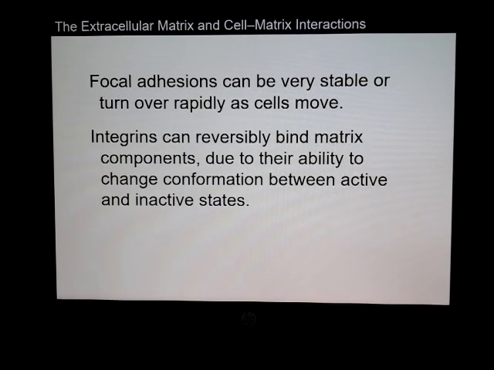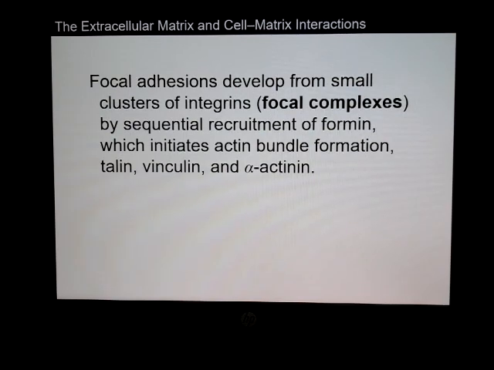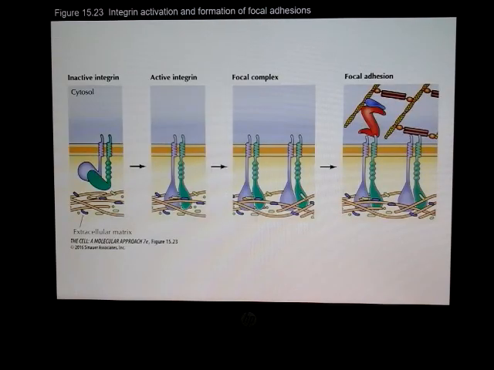Focal adhesions can be very stable, or sometimes they will turn over very quickly, especially in cells that are moving along a matrix. So they have to be flexible if they're going to move. Now you can also have these clusters, or what we call focal complexes, and they will be recruiting things like formin, and then that initiates actin bundles, talin, vinculin, etc., to all come together.